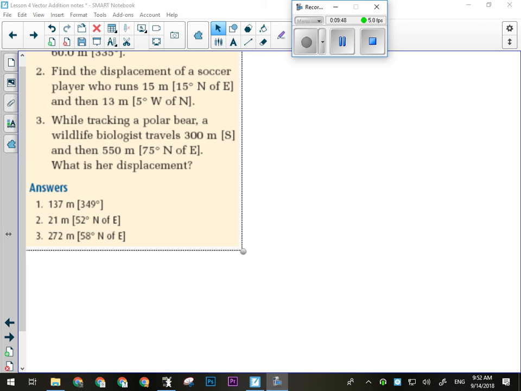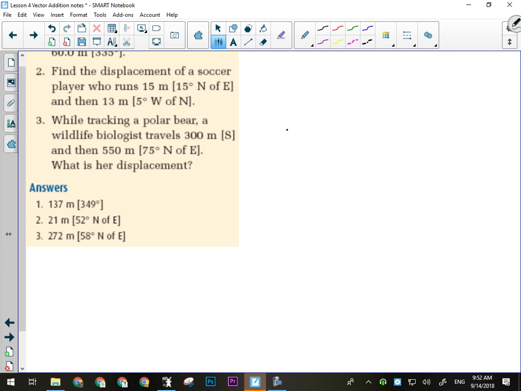All right, let's just quickly look at what the diagram for number 3 is going to look like. First, the wildlife biologist goes due south 300 meters. And then after that, they go 550 meters, 75 degrees north of east. So here's east. 75 degrees north of east is going to be like this.